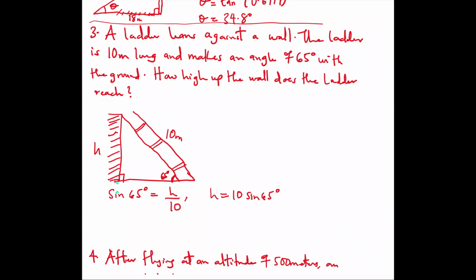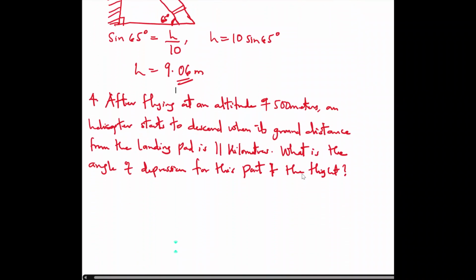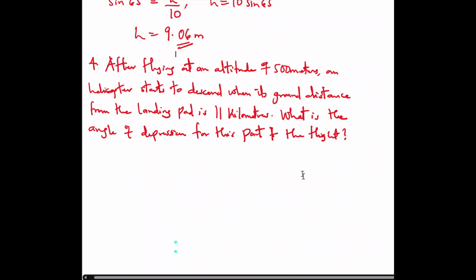Okay, so let me put that in the calculator. h is equal to 10 sine 65. So that will give us the height of 9.06 meters. Okay, so that's about 9 meters. So that's how high up the wall the ladder reaches.